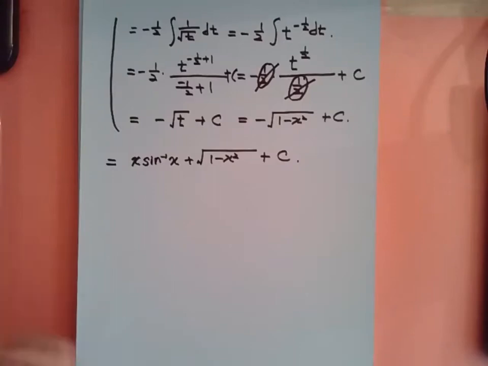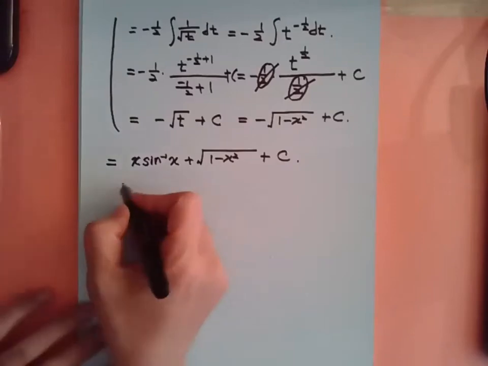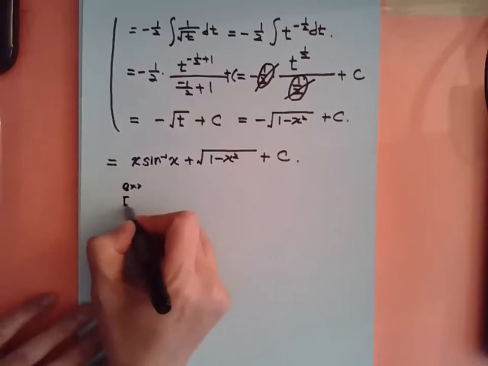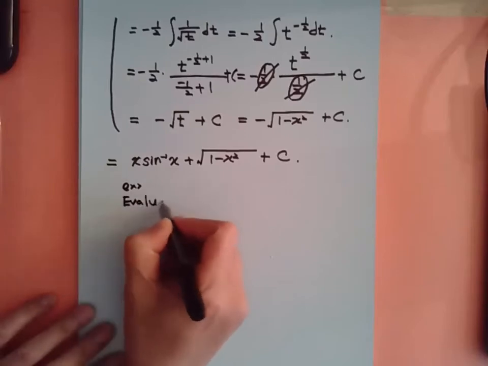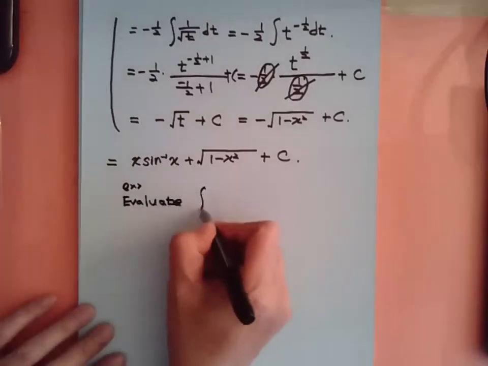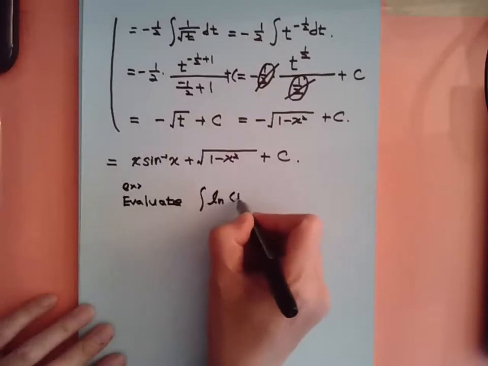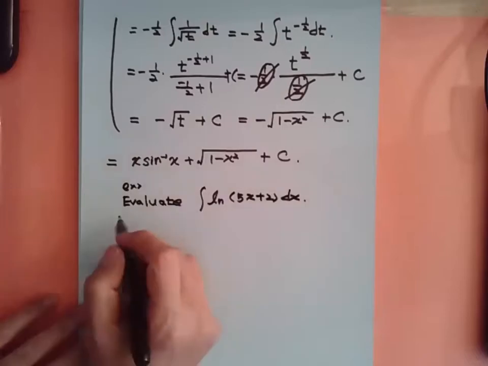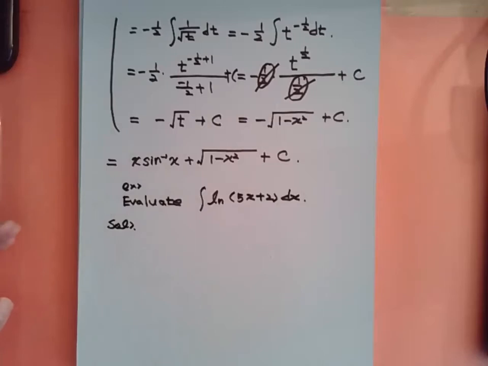Let's do a similar pattern of problem. The problem is evaluate the integration of natural log of 5x plus 2 dx. Again, this is not a product function, but we can view this as natural log of 5x plus 2 times 1.